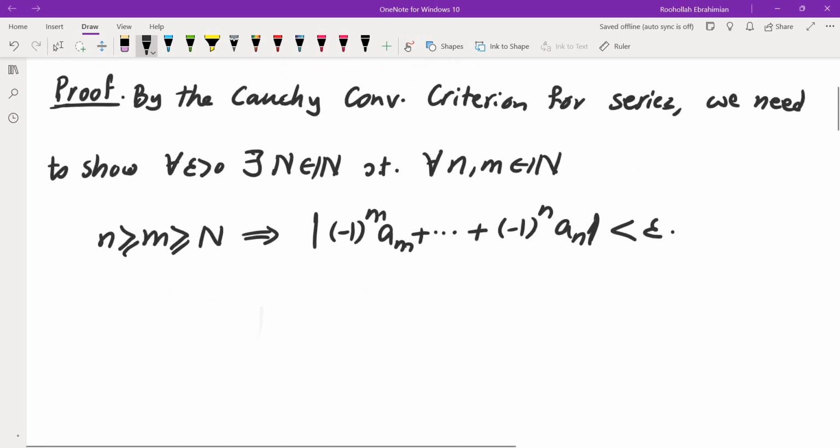So this is what we need to show. Now we're going to work on this absolute value, get rid of the absolute value, and then show that it can be made less than epsilon.